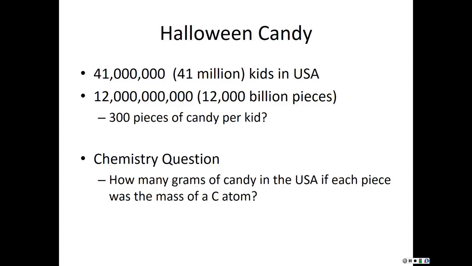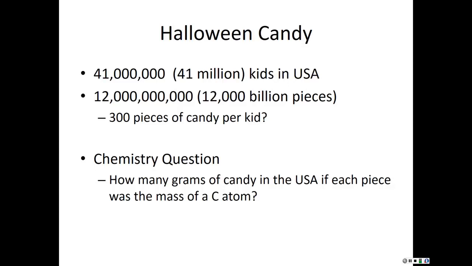So we start out with 1.2 times 10 to the 10th, and we're going to use Avogadro's number as our conversion to get to moles. So 6.02 times 10 to the 23rd atoms goes on bottom, 1 mole goes on top.